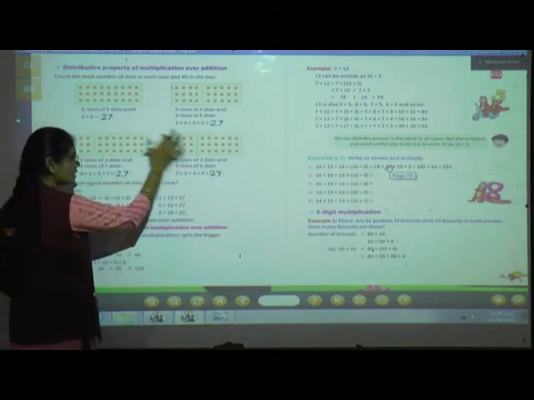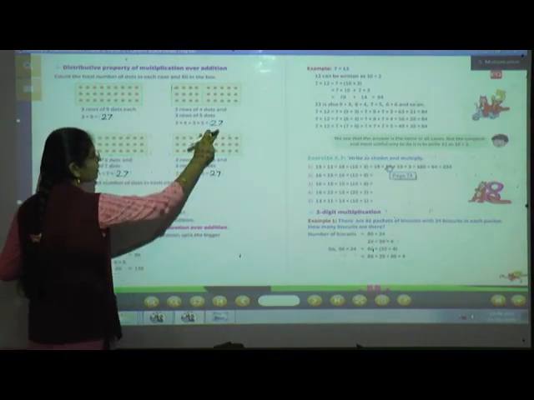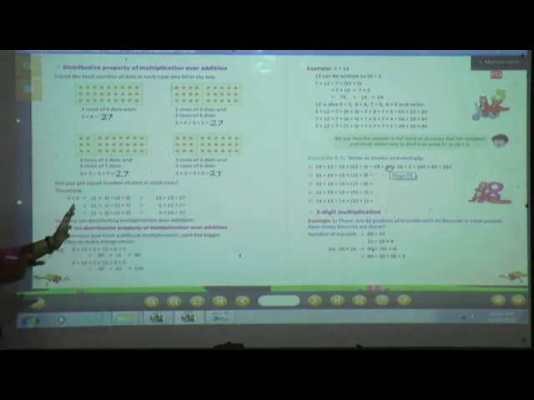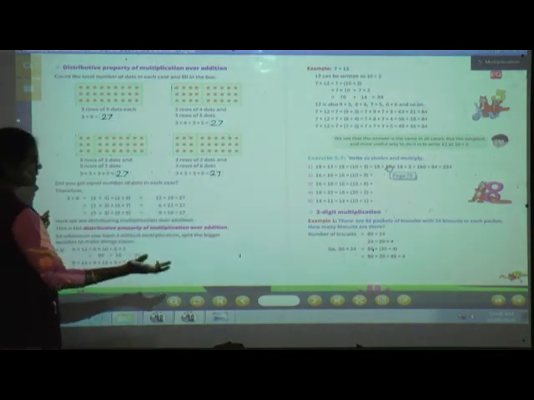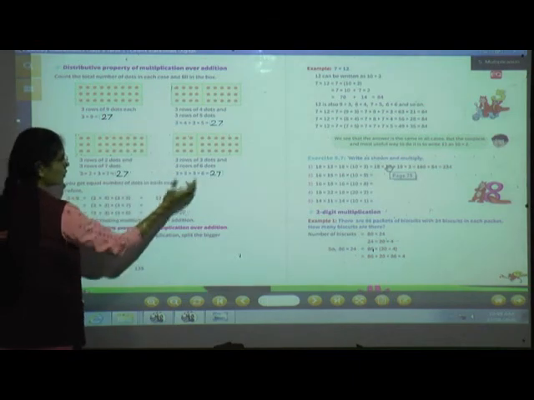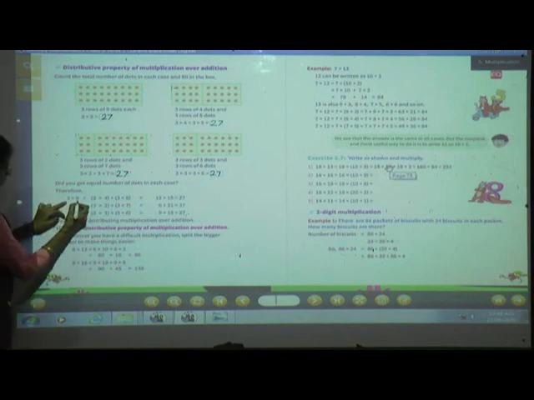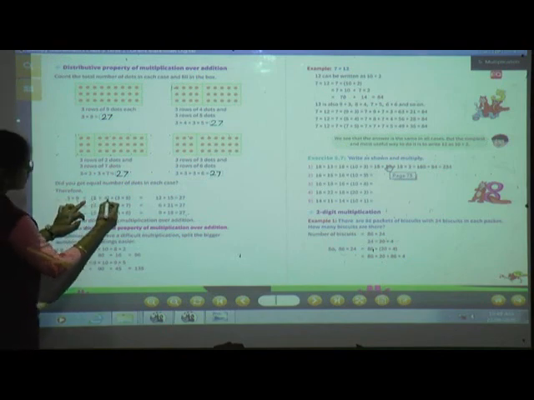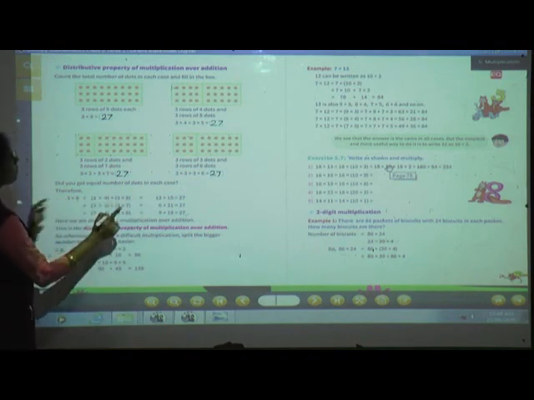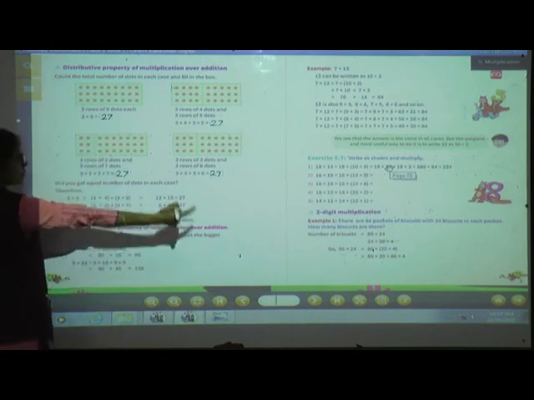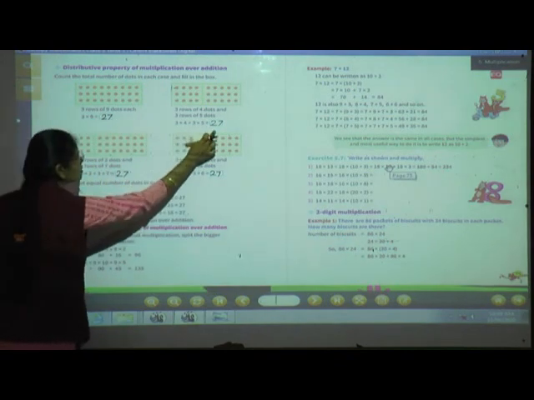Means in each case we got the same answer. Okay, so if the right side is equal, then left side also equal. Left side should be equal. Okay, so 3 into 9 is equal to 3 into 4 plus 3 into 5, because see here to the right side here 27, here also 27.